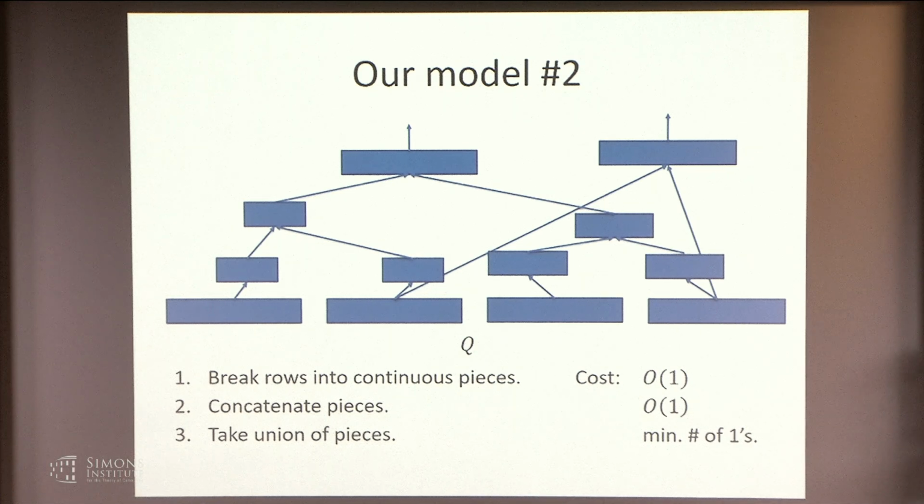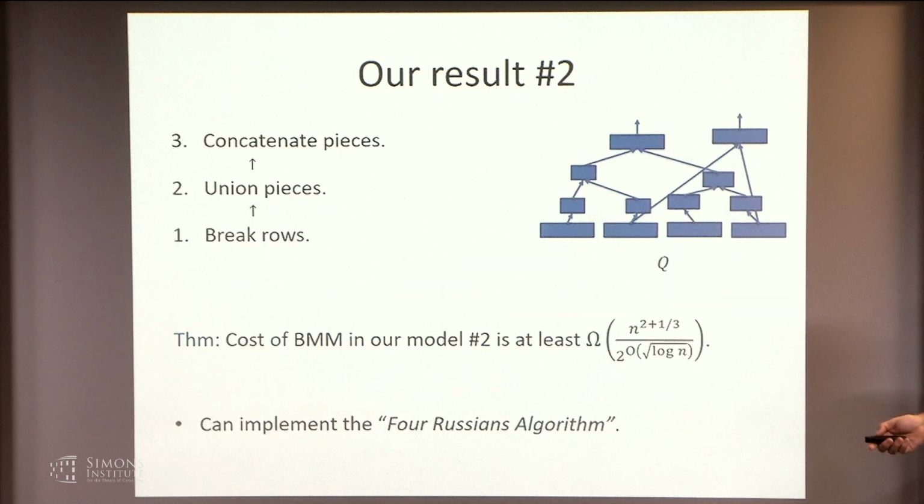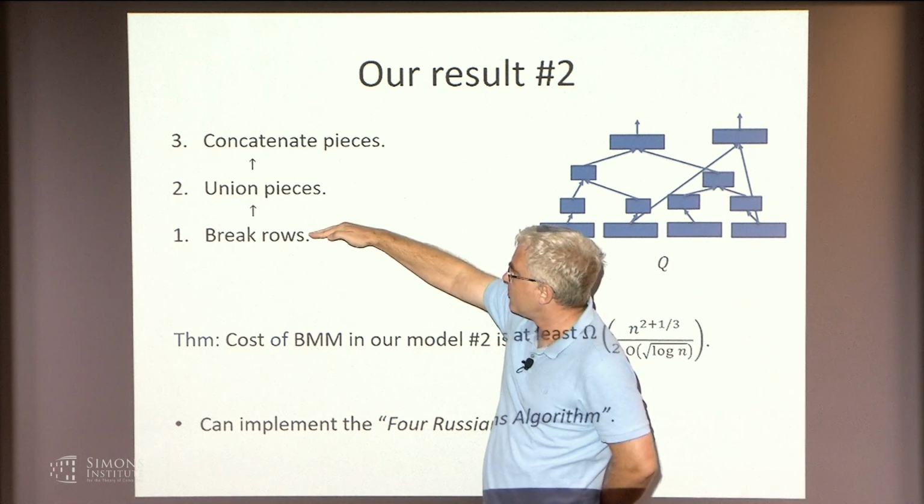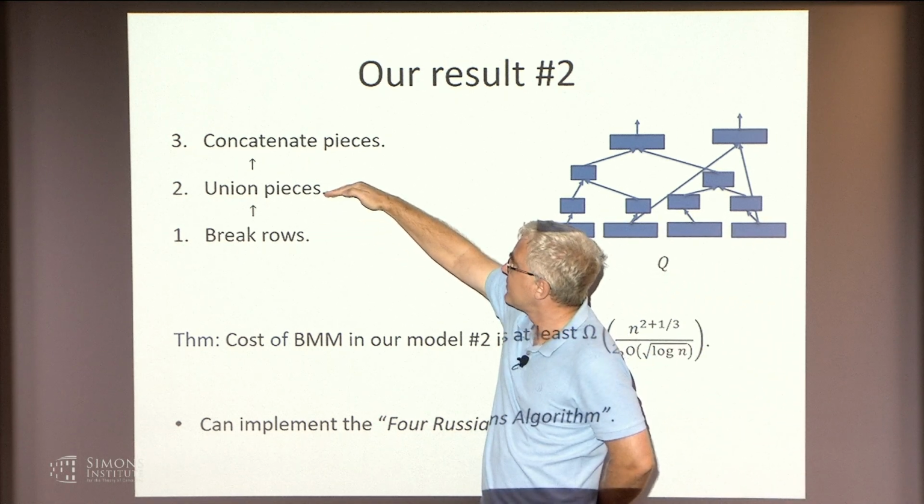And for taking union of pieces, we will still charge just the minimum number of ones, and if there are two things which look the same, then we are going to charge only once for that.